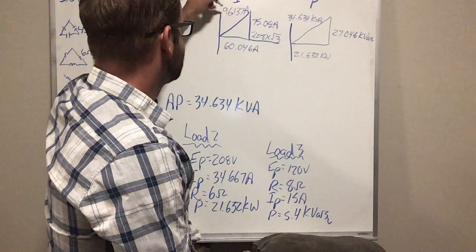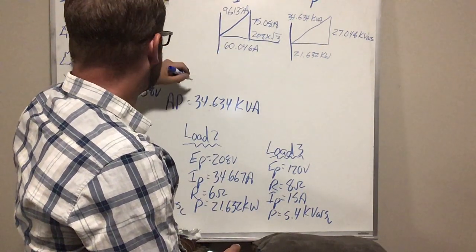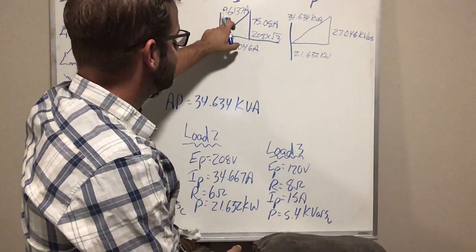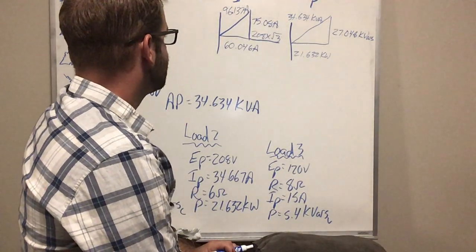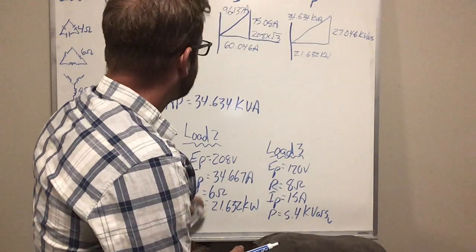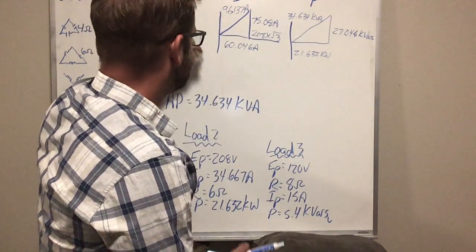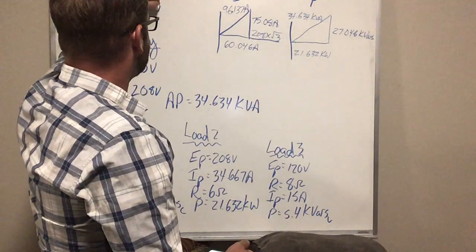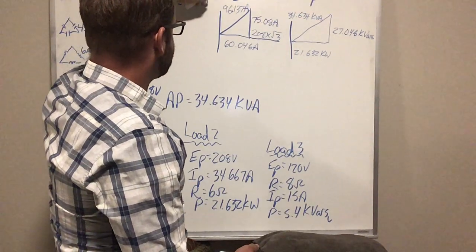So this here, the 96 amps, our I line from our power supply, is going to be 96.137 amps. And if we now take this information, I'm going to write over here, our total I line is 96.137 amps.